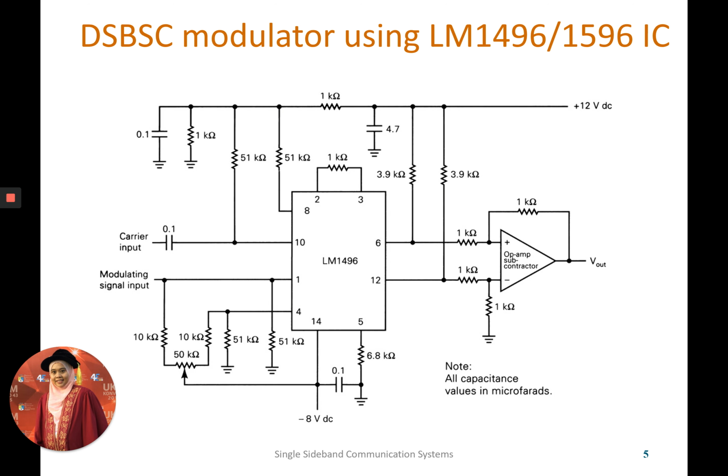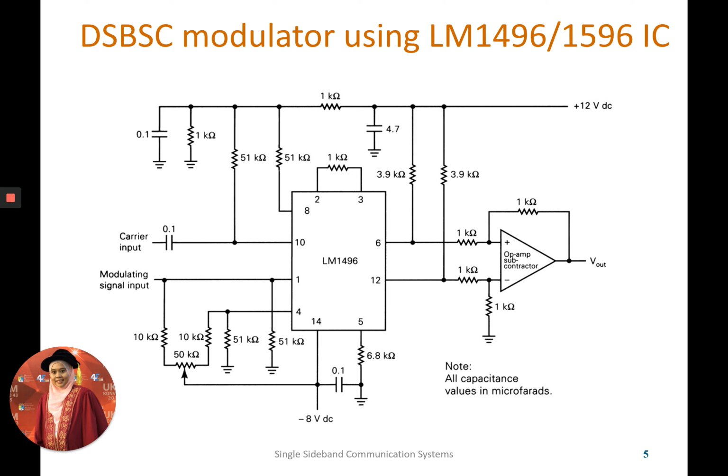Okay, so the IC balance modulator. This is one example of using a linear IC balance modulator. The IC model number is LM1496.